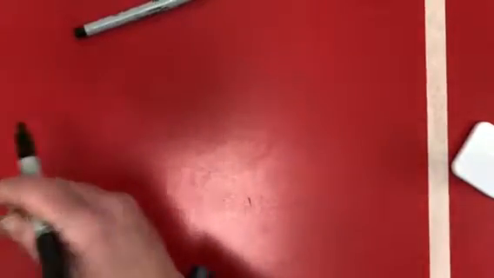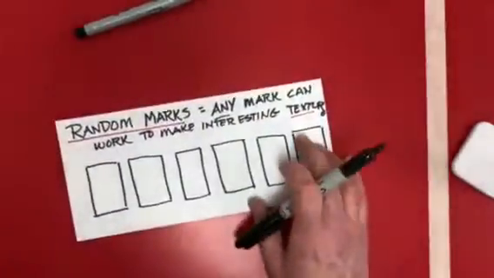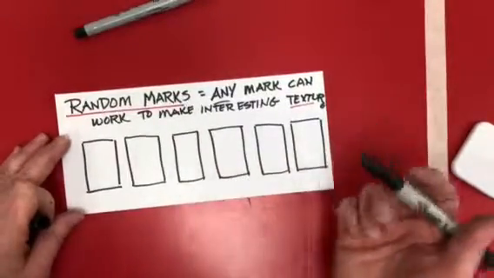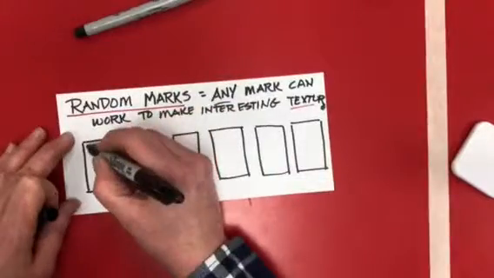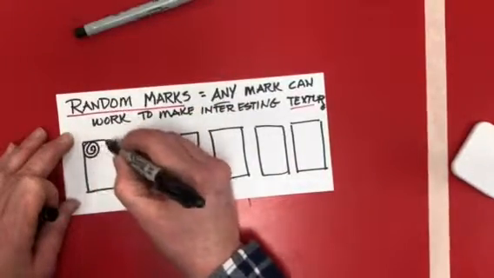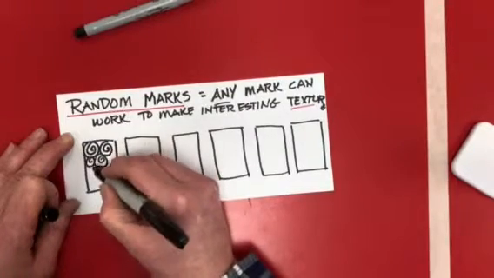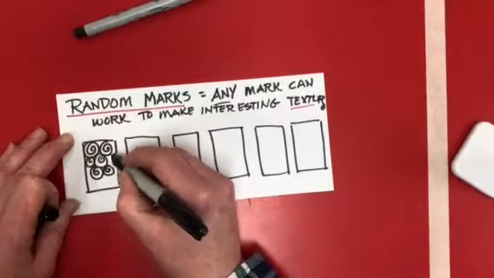Okay, now last but not least, it doesn't really matter. You can make texture with any kind of mark making. So maybe you want to create a pattern that looks like sheep's wool. So you want to think about what might work. So maybe a swirly pattern like this would be good.